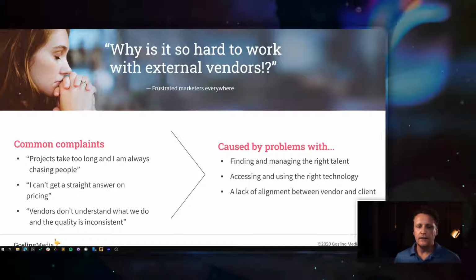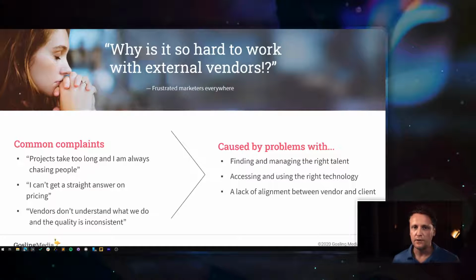And then finally, a lot of the time, the relationships get kind of adversarial, or it's just the alignment between the vendor and the client isn't always clear, and it can get frustrating if the vendor has a different set of objectives really than you do as the client.